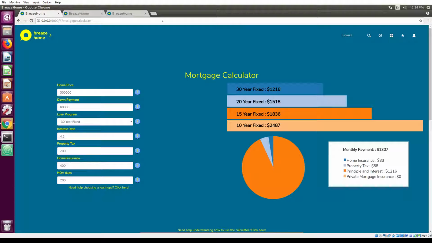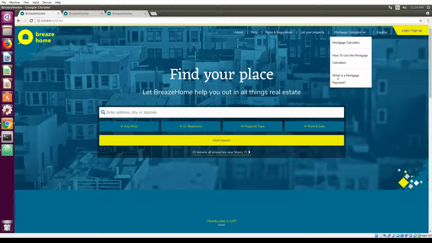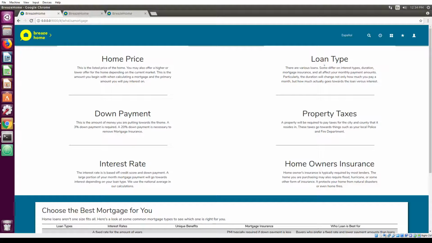And lastly, we had to make sure that we showed our users what is a mortgage. So we have a breakdown of the mortgage payment. Essentially, you have your home loan price, down payment, property taxes, interest rate, and homeowners insurance. Typically, homeowners association fees are not a part of a mortgage, so we decided not to keep it on this page.